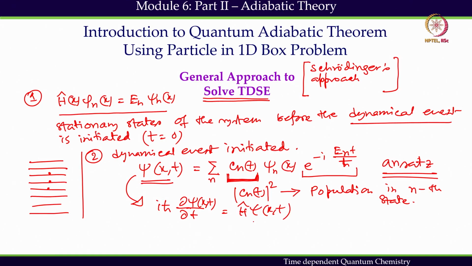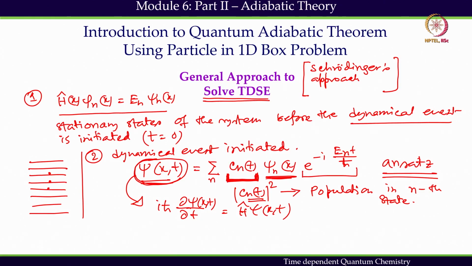We have to insert that to get the population, and once we get it, we will be able to define the non-stationary state in terms of stationary states. But I need to know the relative population for each stationary state which defines the non-stationary state.